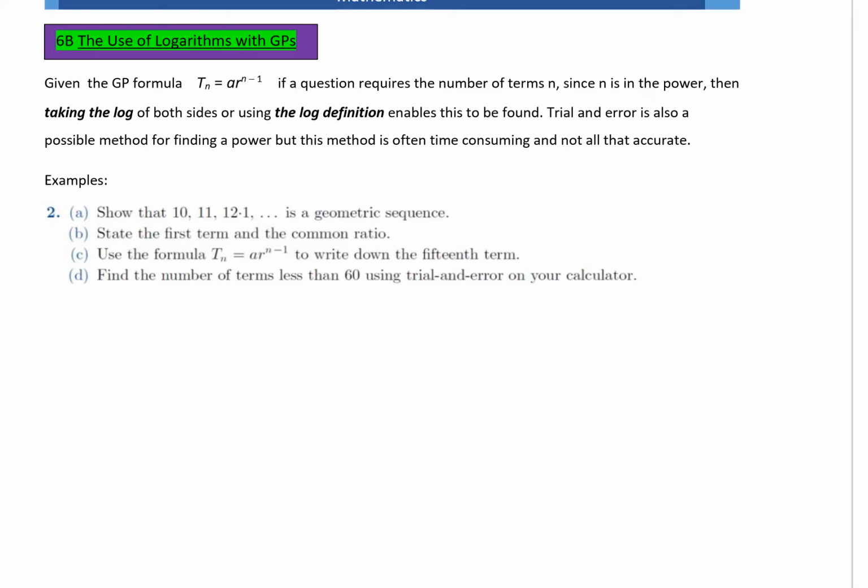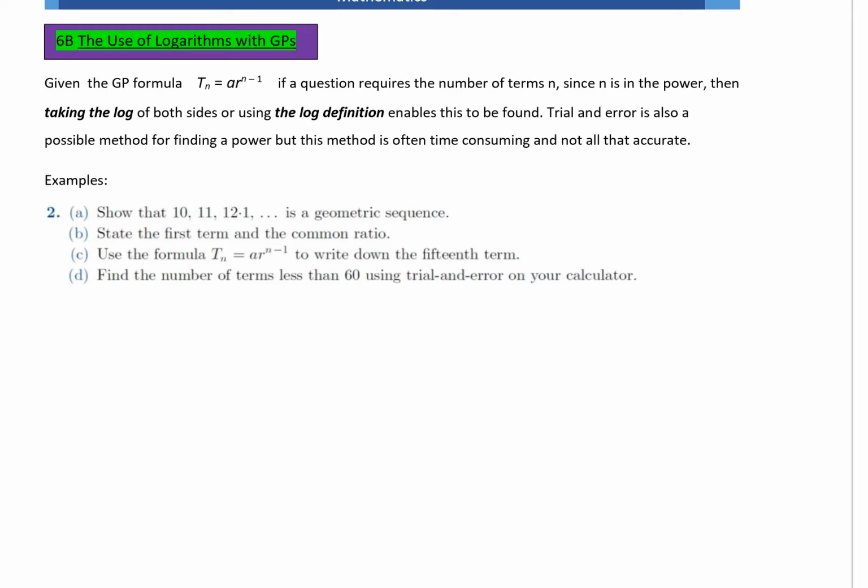In exercise 6b, the focus becomes a GP because it's the presence of a GP in some investment situations that becomes our real focus here on finance.